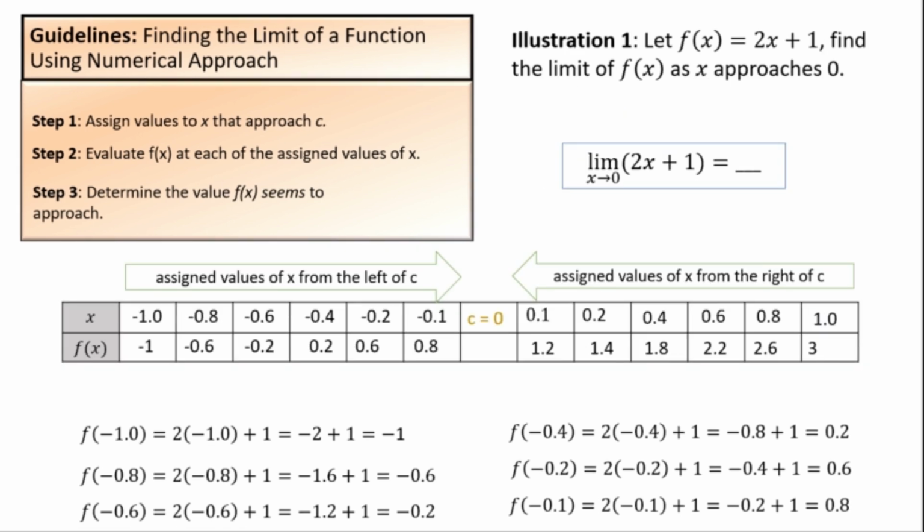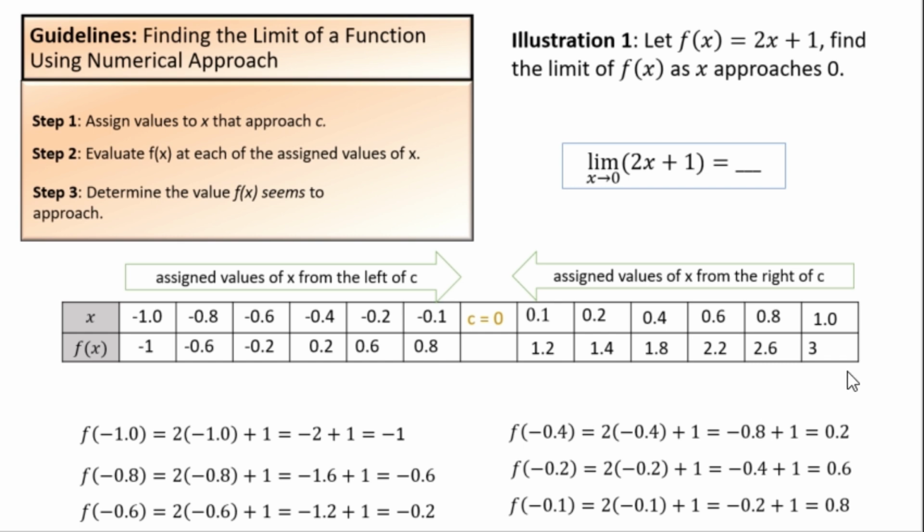Final step, we will inspect the computed values of f of x. First, from the left, observe that the values are increasing from -1. Then we have -0.6, -0.2. It becomes positive now, 0.2, 0.6, 0.8.